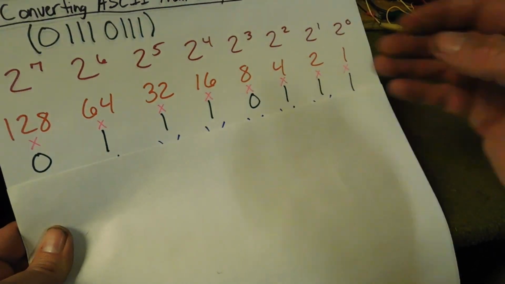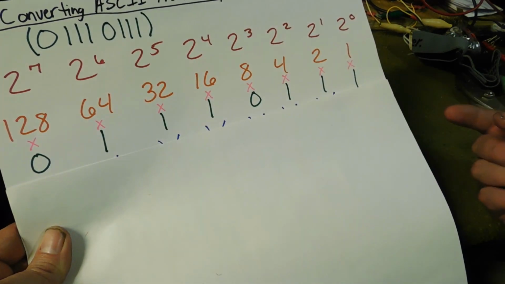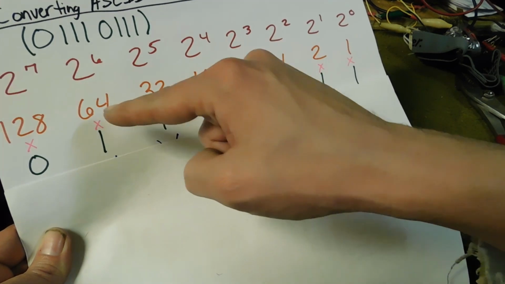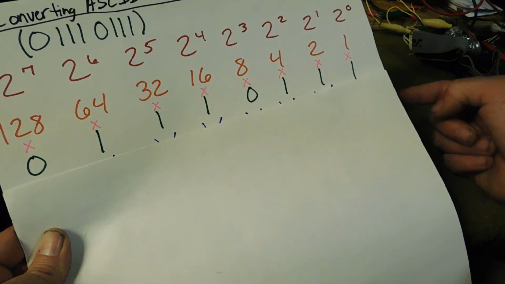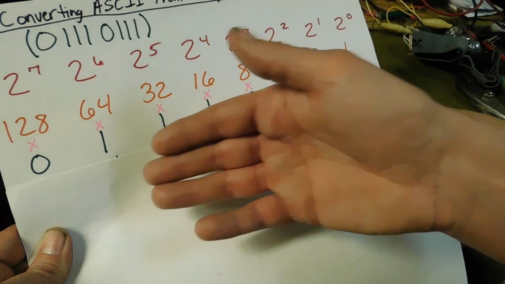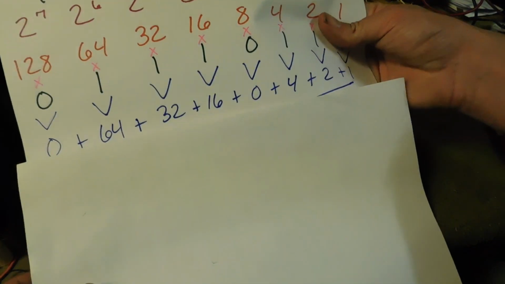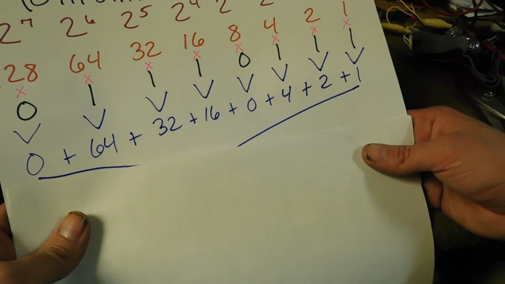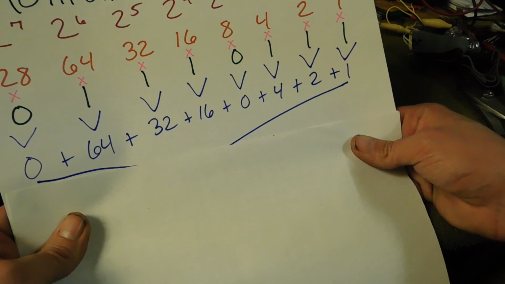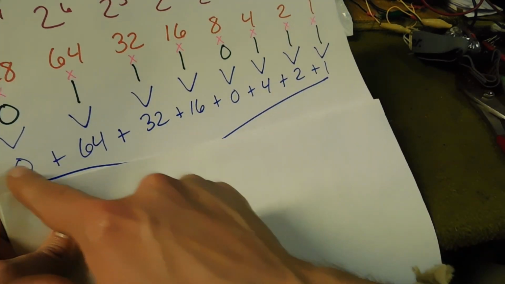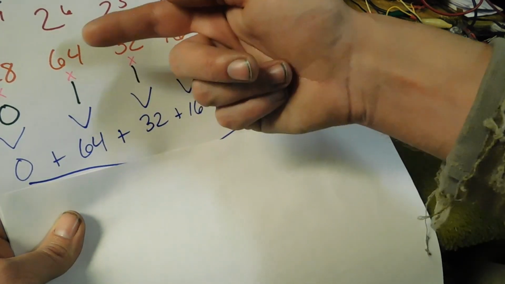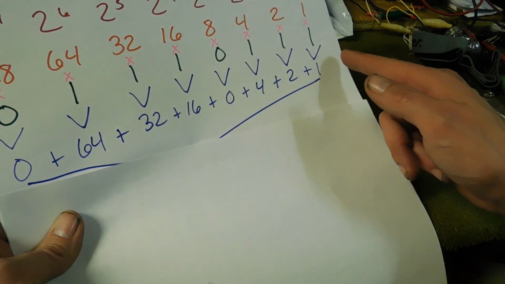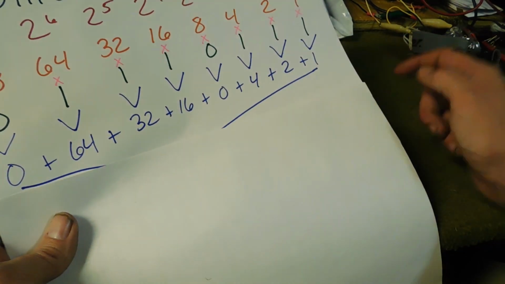Now when you multiply each one by the binary, so you're going to do 128 multiplied by 0, 64 multiplied by 1, and so on, you're going to create an answer from that. And when we look at it, we get 0, 64, 32, 16, 0, 4, 2, and 1. And you'll take all of these numbers that you get from multiplying each of the decimal values to the binary code sequence, and you're going to add them all together.